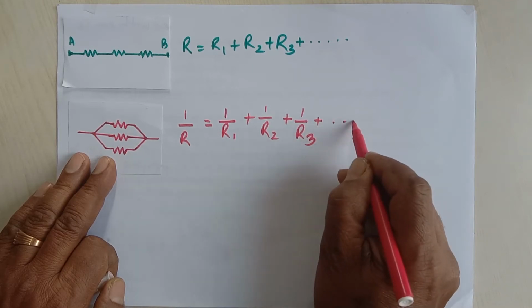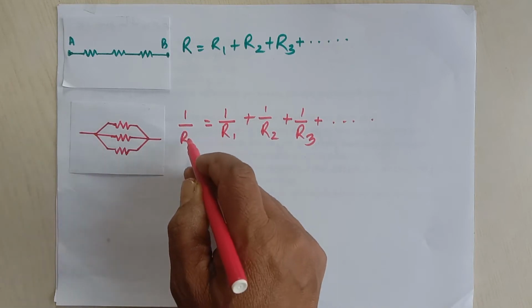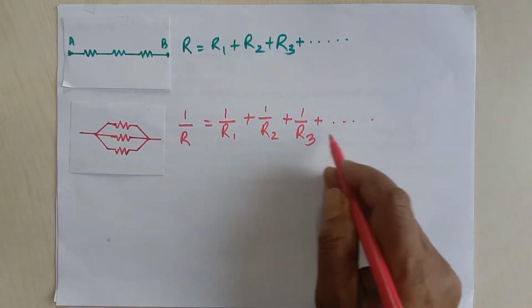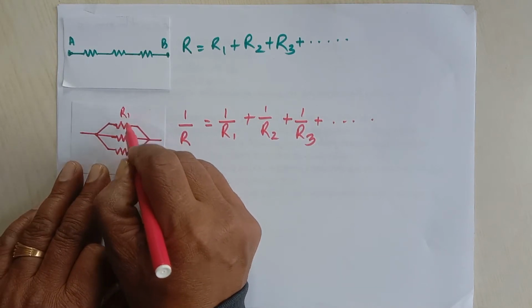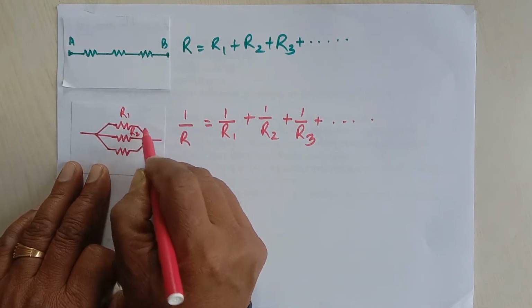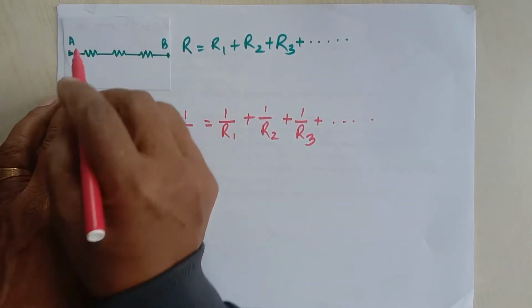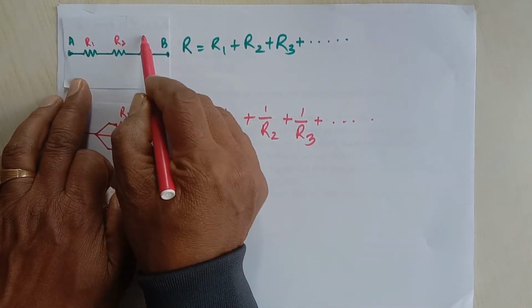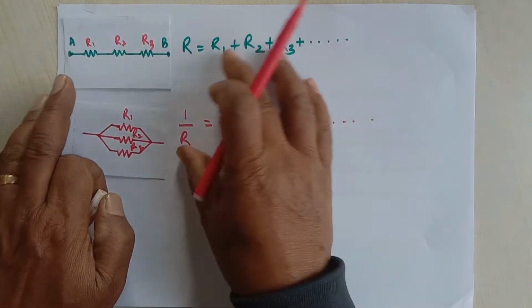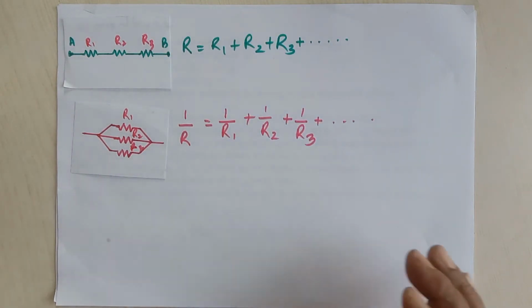It means the reciprocal of the total resistance is equal to the sum of the reciprocals of each resistance. Here R1, R2, R3 are the resistances of each resistor, and they are different. This way we can solve the numerical. These are very easy methods of solution.